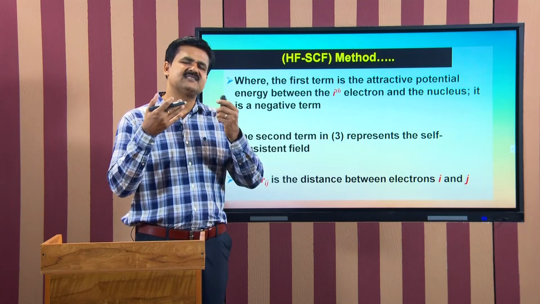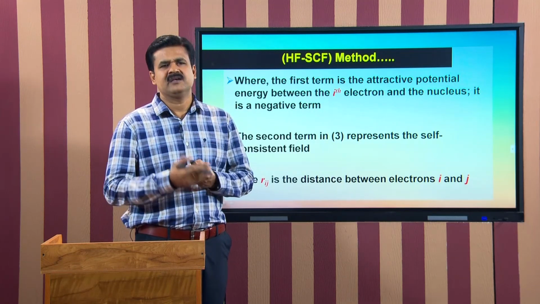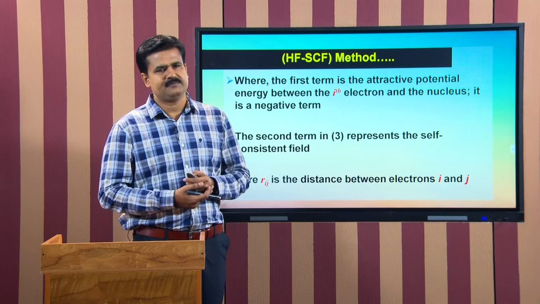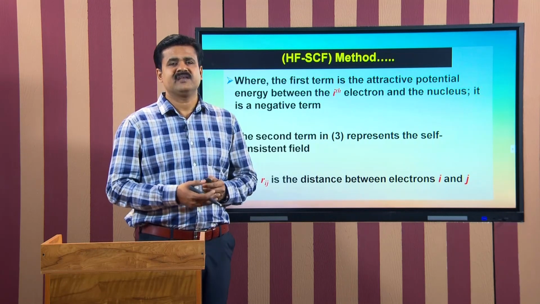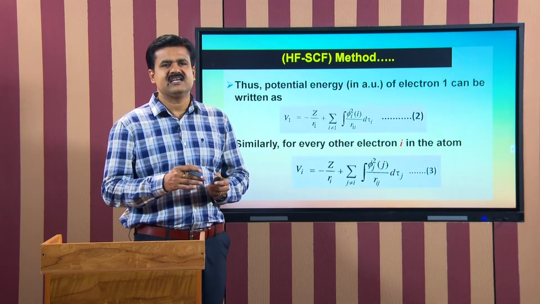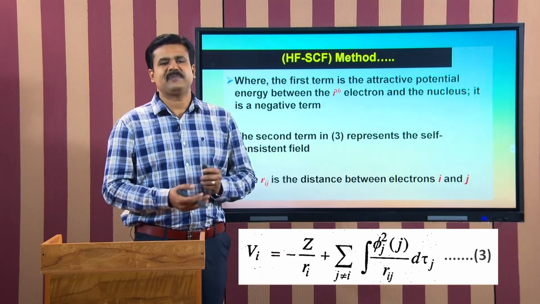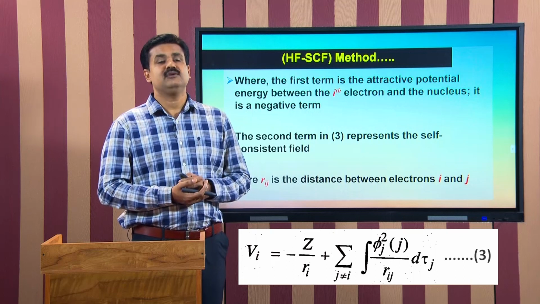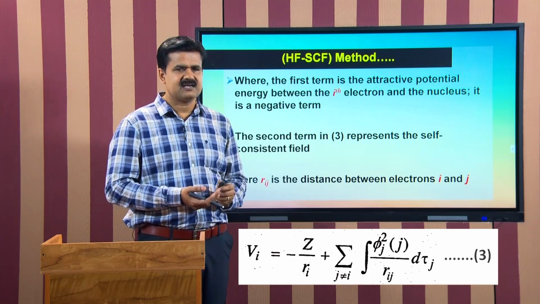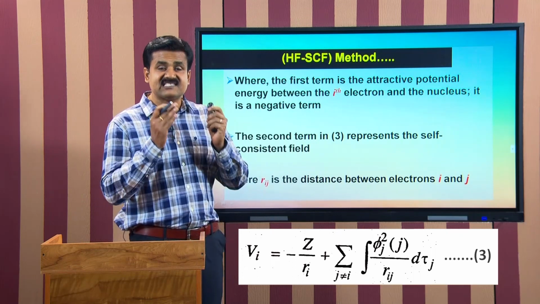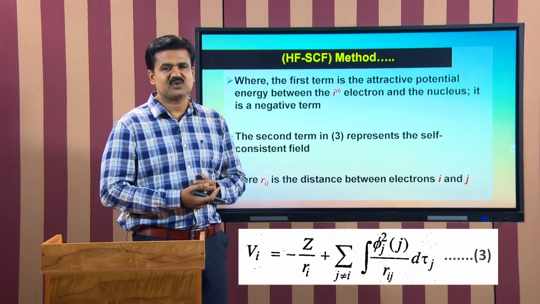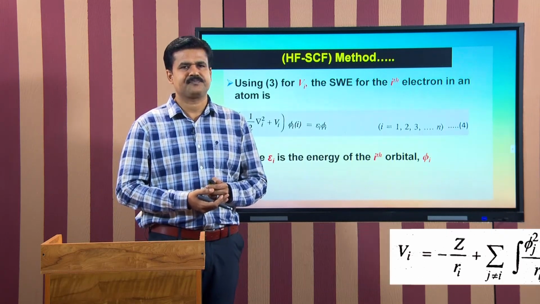Since this is a force of attraction, it is definitely a negative term. The second term in equation 3 represents the self-consistent field, and here Rij is the distance between the two electrons i and j.